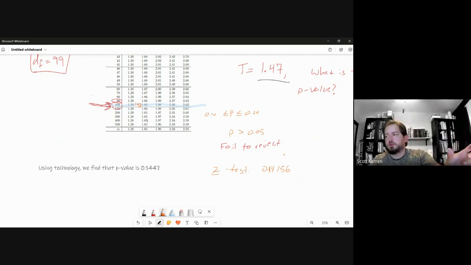You need to make sure that you understand that 0.1447, if it were given to you, would be the p-value. Because this value is greater than 0.05, that alpha, which wasn't stated in the problem but is the default if it's not stated, we fail to reject.